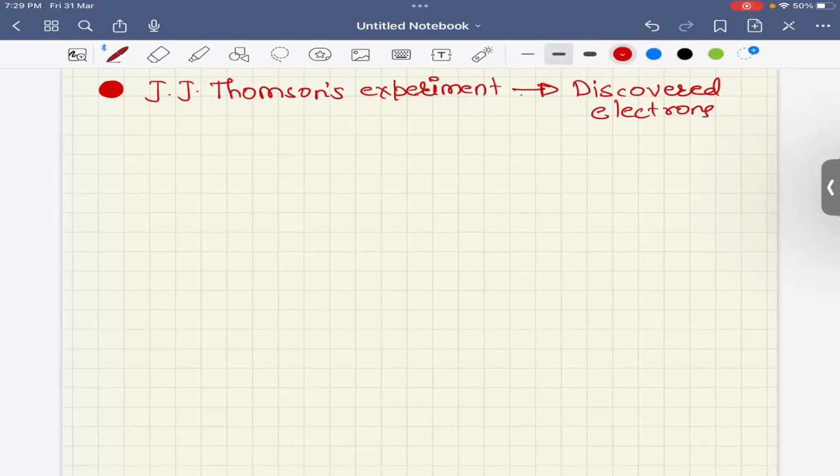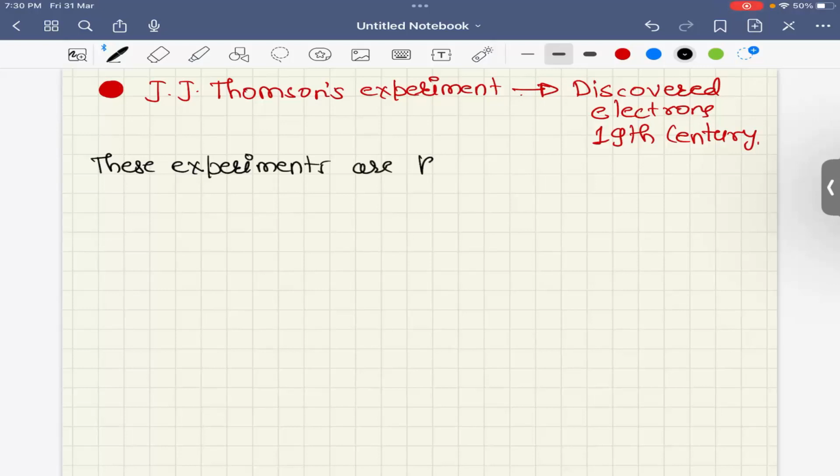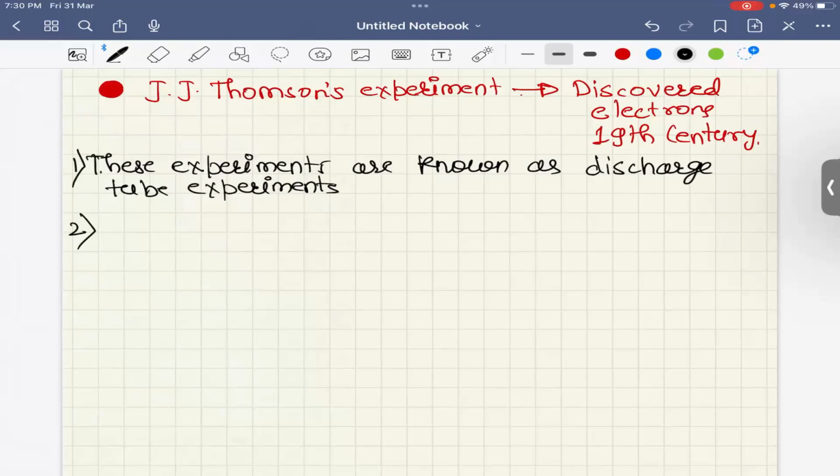This was done around the 19th century. These experiments are known as discharge tube experiments.